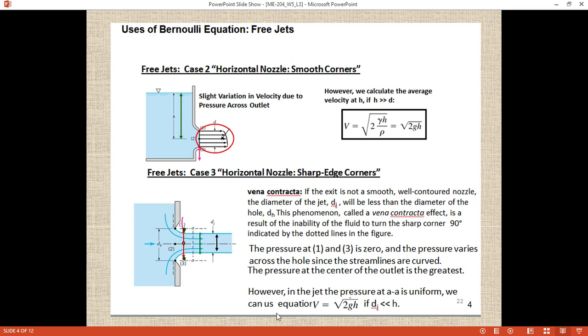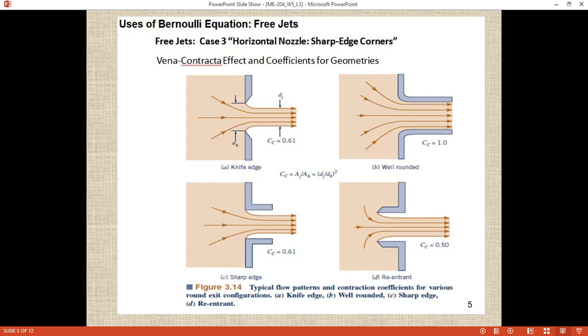Therefore we can write velocity equals √(2gh). Let's see, there is some correction factor based on the geometry of the nozzle. If the nozzle has a sharp edge, this is the diameter of the hole and this is the diameter of the jet.